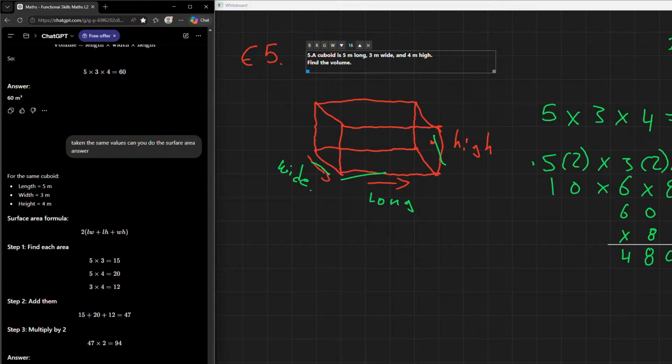So 5 times 3 is 15. So for example, if this was 5 and the height was 4 and the width was 3, then 5 times 3, the first distance, then 5 times 4.